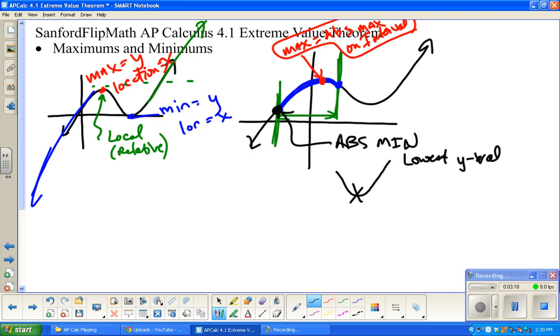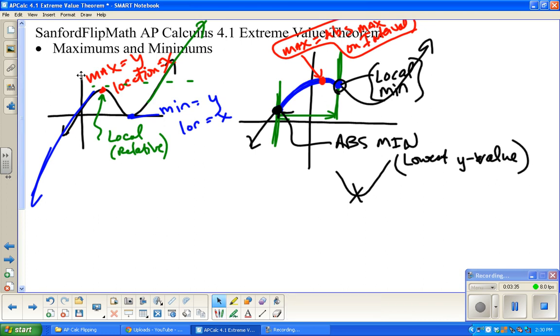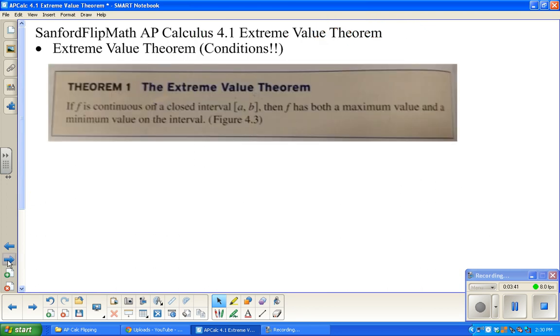So we're just talking in conceptual terms here. The lowest y value would be an absolute minimum. And then this point right here would be a local minimum for that interval. Again, assuming that this is a closed interval, and I filled in those dots at the ends to make sure that was the case. Okay, so that's just a recap of something we've done before.